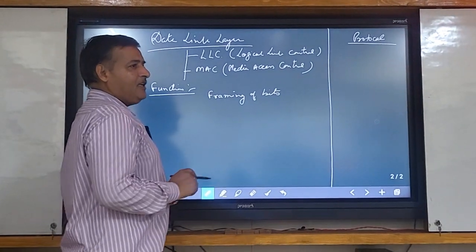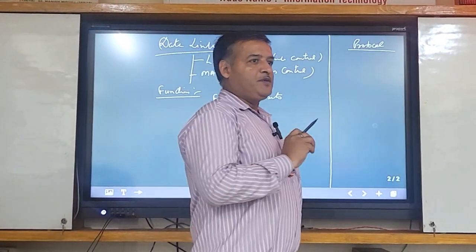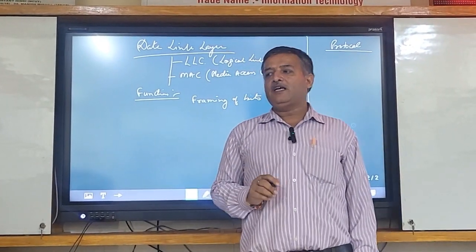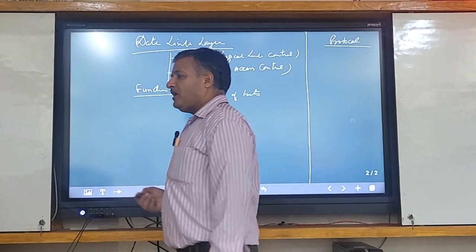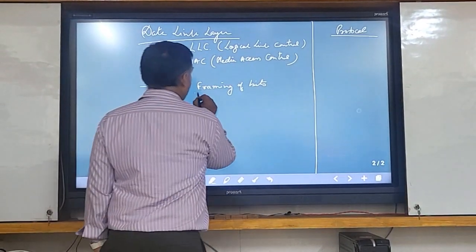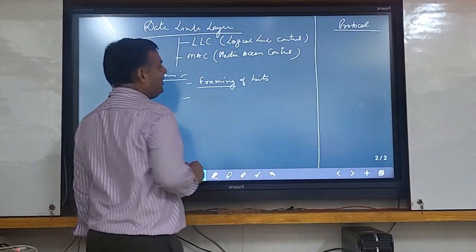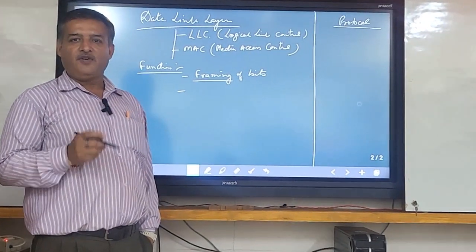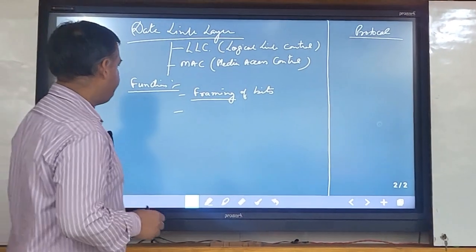At the physical layer, a stream of bits is considered, but when it comes to the data link layer, this becomes a frame. So framing of the bits is the function of the data link layer.